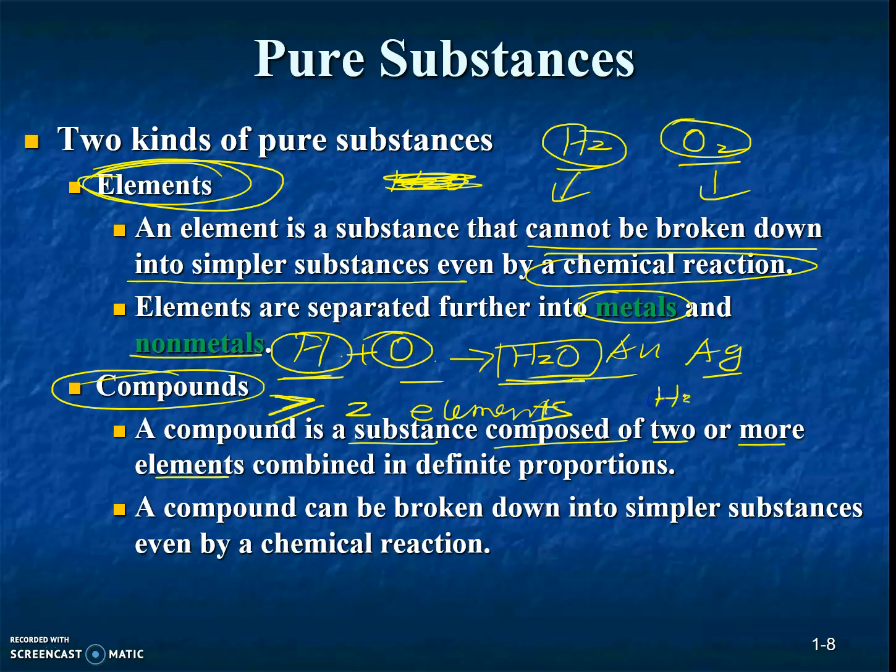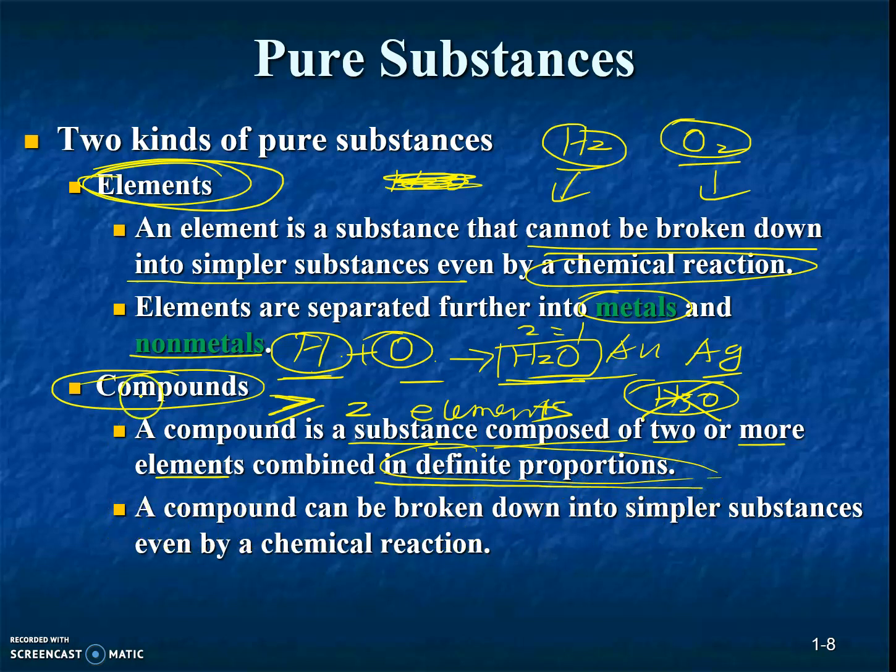I cannot put three hydrogen with one oxygen. That's not water. It has to be in a defined proportion. It has to be a 2-to-1 ratio. A simple mix of the elements does not make a compound. To make a compound, you have to follow a definite proportion.